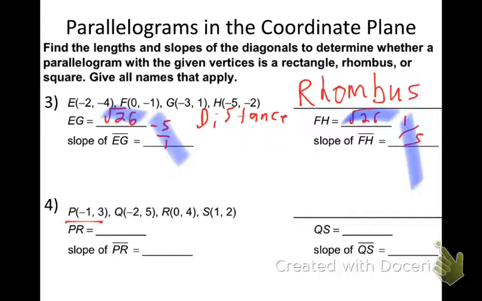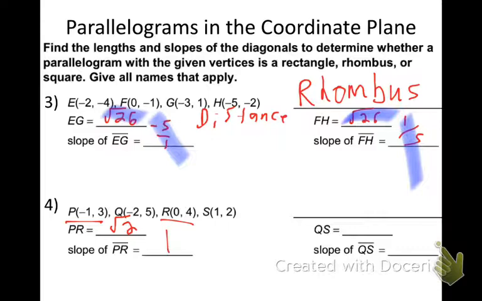PR. So I'm looking at PR. The distance from P to R is what, Tiana? It's square root of 2. What's the slope of P to R? Slope is 1.